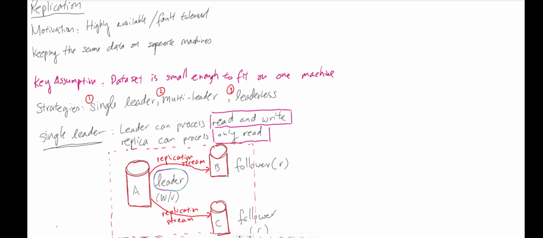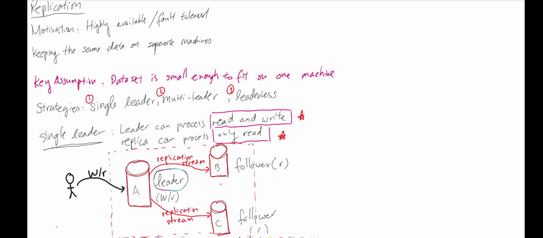So if we have a client here who wants to access this database, a key characteristic of a single leader cluster is that the leader can perform both read and write. So this one, the leader, can process read and write. This is very important. And the replicas, which are B and C, our followers, can process only read.